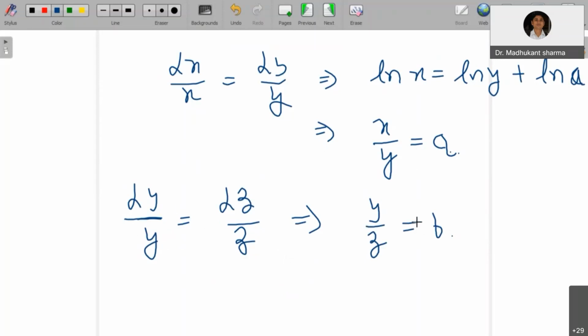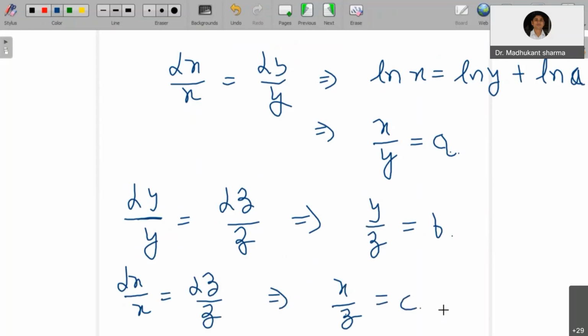So you have two families of solutions. But you may also take the pair dx by x equal to dz by z. Of course, you can take it. This will give you x by z equal to c in a similar way.